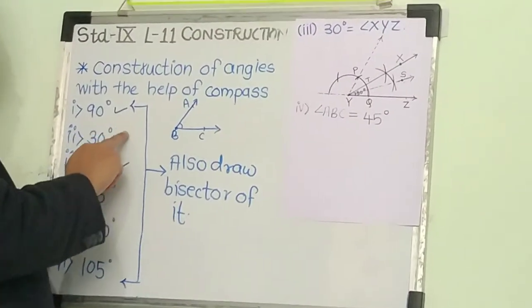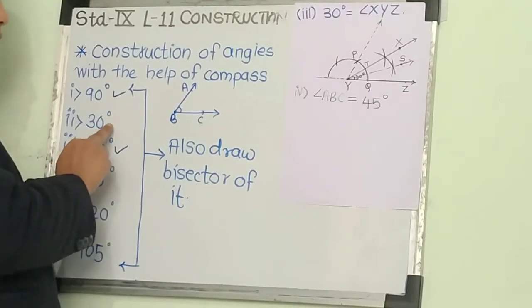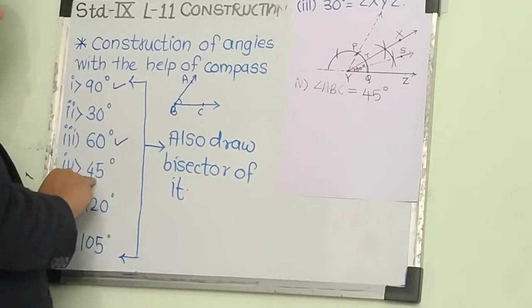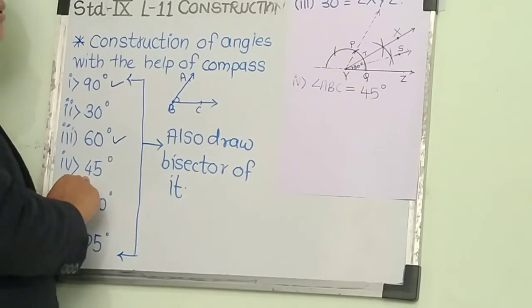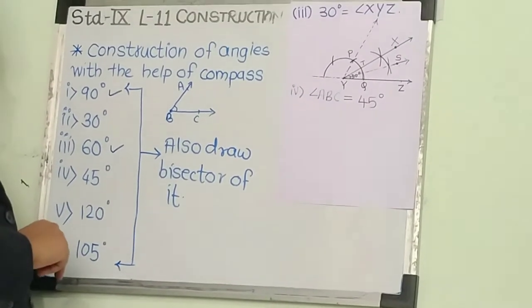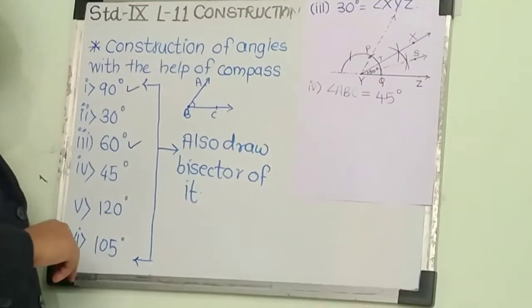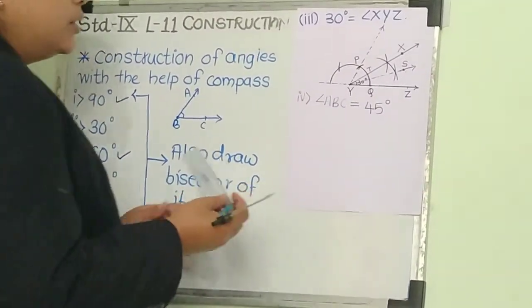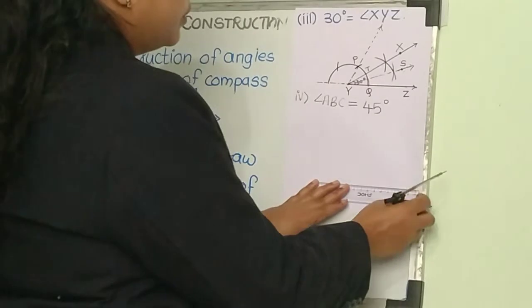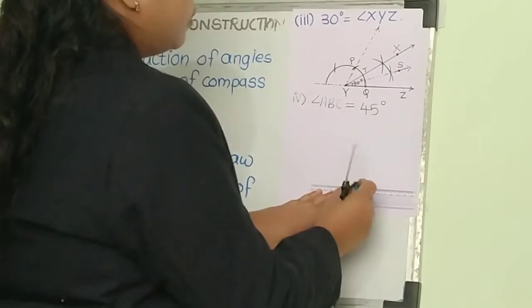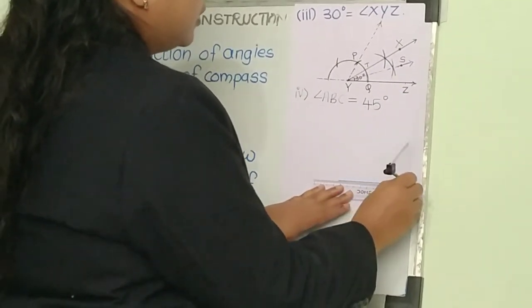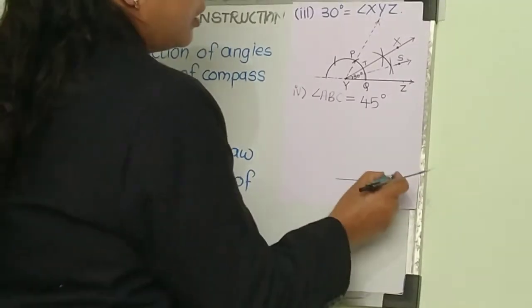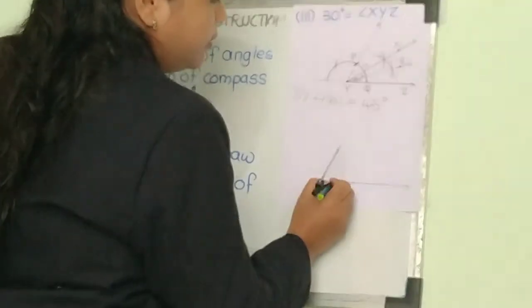See here, now we finish 90-degree, 30-degree, 60-degree. Next it is of 45-degree. Same construction we are going to draw here. See, first what we are going to do? First we are going to draw one ray. Now it is of angle ABC.